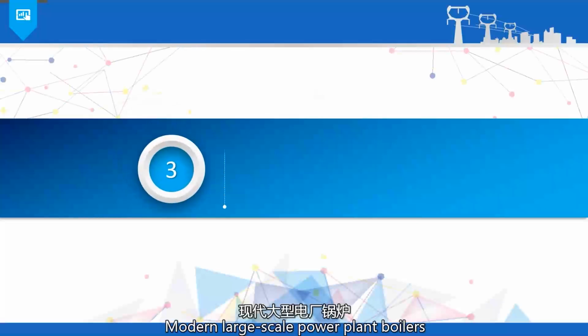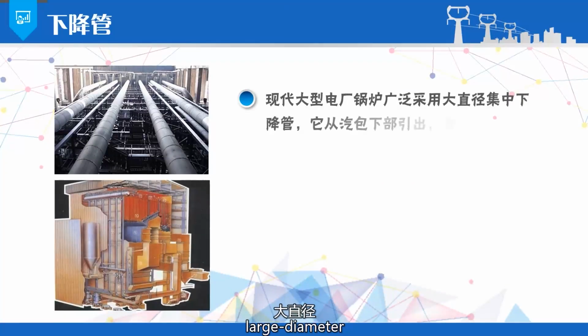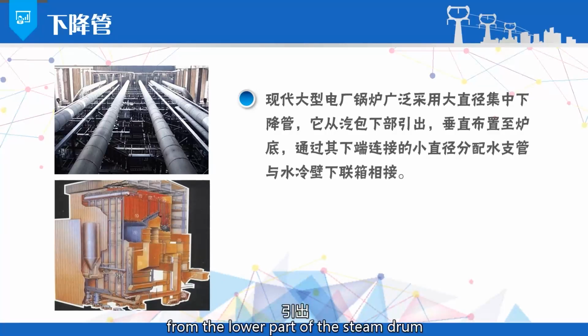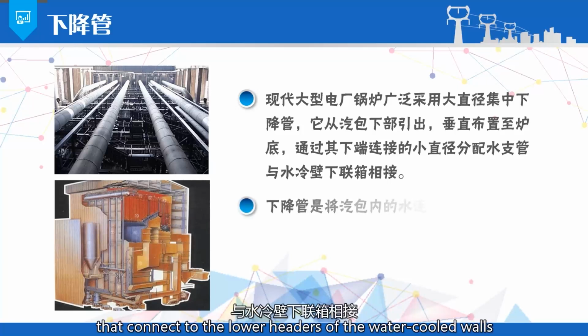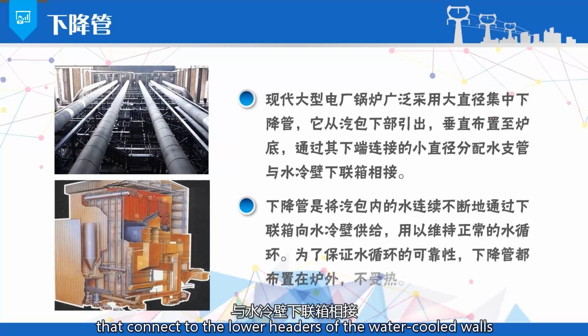Modern large-scale power plant boilers widely adopt large-diameter central downcomer pipes. It is drawn out from the lower part of the steam drum, vertically arranged to the bottom of the furnace, and connected through its lower end to small-diameter distribution water branch pipes that connect to the lower headers of the water-cooled walls.